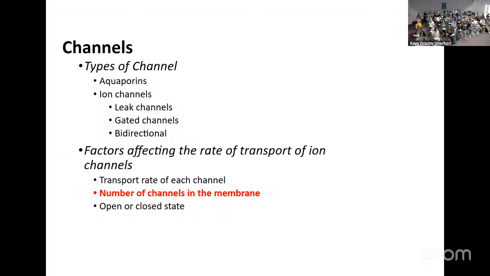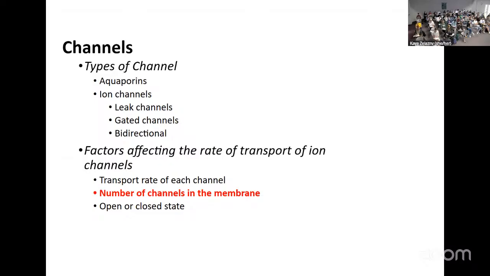So when we think about how this affects our rate of transport, we're still going to be thinking about concentration gradients, all that good stuff that we did in the other ones. Now, like with the carriers, we're going to be thinking about the transport rate of each of those channels.